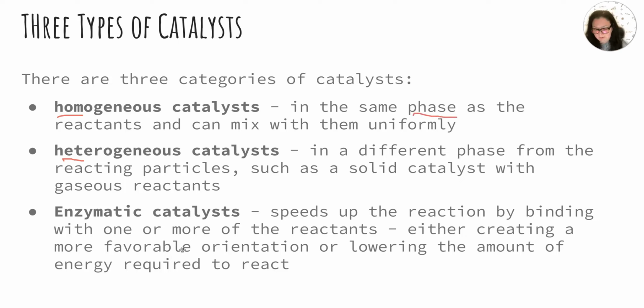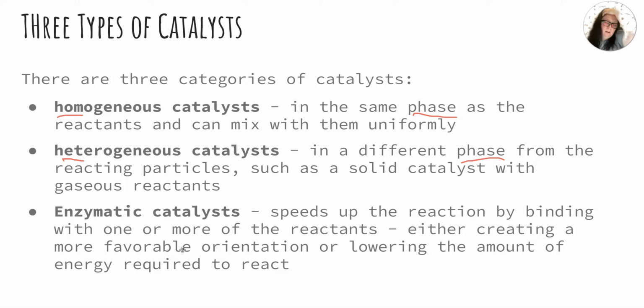So you have to think about what the word phase means, which you should know. They're talking about solid, liquid, gas, that type of thing. If your reactants are gaseous and your catalyst is gaseous, then that's a homogeneous catalyst because it's in the same phase as the reactants. If your reactants are gaseous and your catalyst is a solid, then they're in different phases, so that's a heterogeneous catalyst. It's that simple. Don't overcomplicate it.